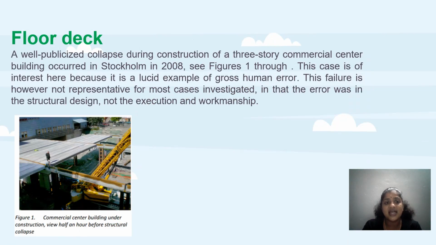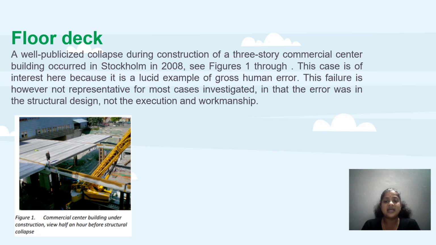Last but not least, floor deck. A well-published collapse during construction of a three-story commercial center building occurred in Stockholm in 2018. This case is interesting because it is an unlucky example of gross human error. This failure, however, does not represent most of the cases investigated.